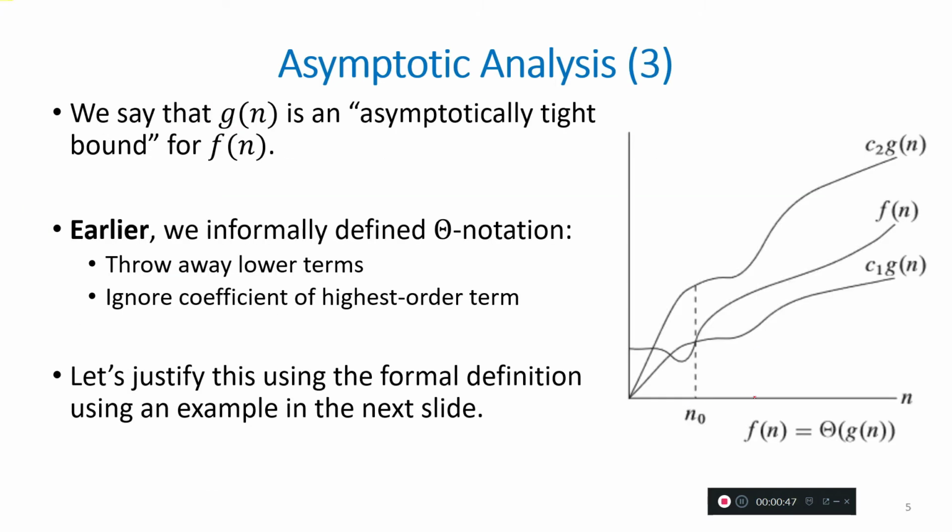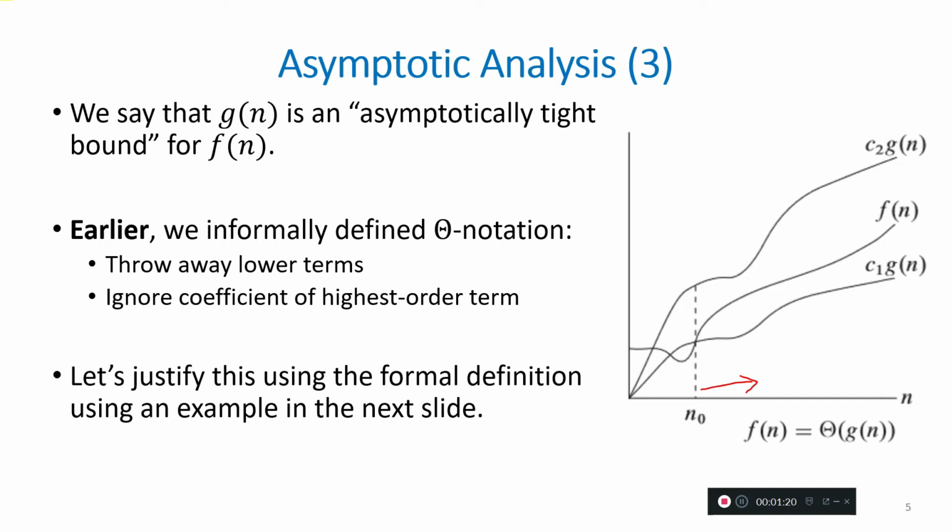Therefore, as n grows or increases, there exists some n naught value after which f of n will always be some function between these two bounds. Before n naught, that may not be the case. So we are looking at the asymptotic behavior for every n value that is greater than n naught.